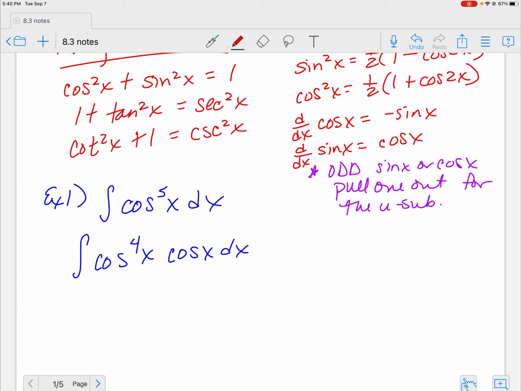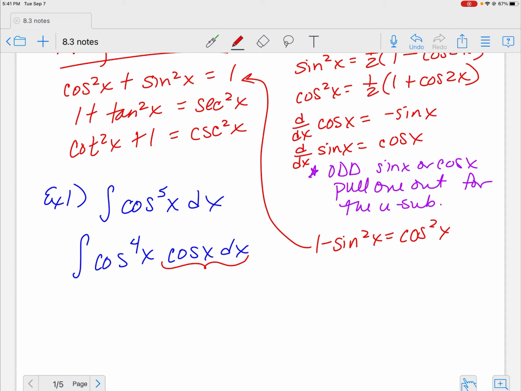When you do a u sub, you're looking at derivatives. I know that the derivative of sine is cosine. We already know that. If you don't know it, learn it, because that's important. Because this is to an even power, I can manipulate my Pythagorean identity and say 1 minus sine squared x is equal to cosine squared x.